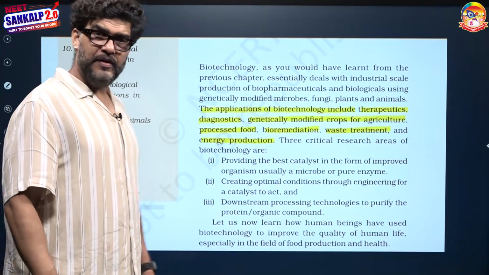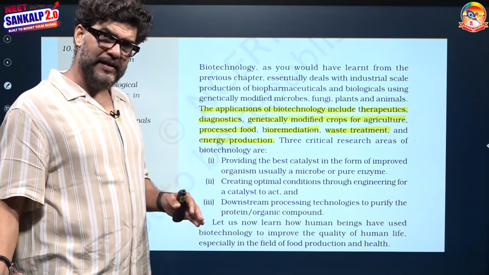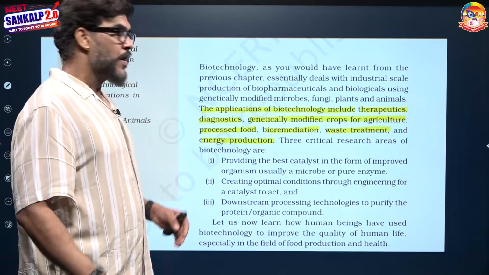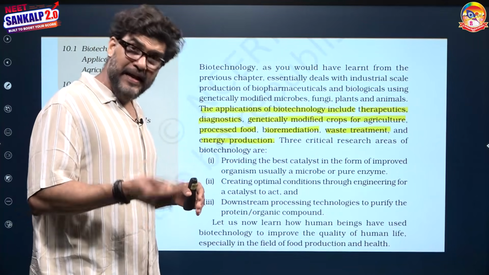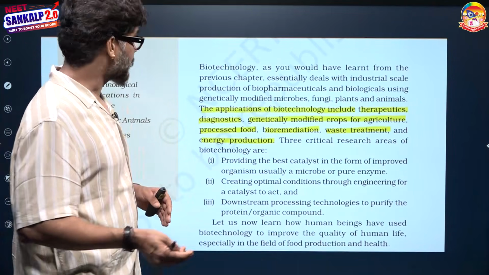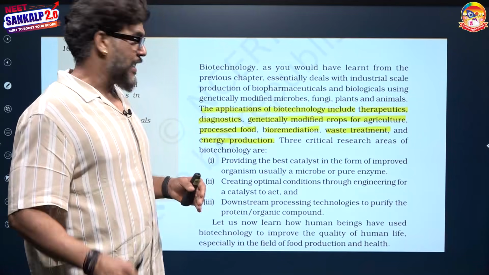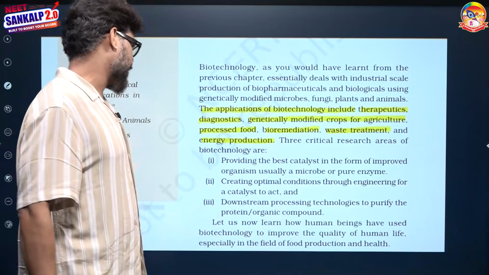Broadly, three parts: biotechnology in agriculture, agrobiotechnology; biotechnology in medicine, biopharmaceuticals; and biotechnology for environment protection, meaning bioremediation.